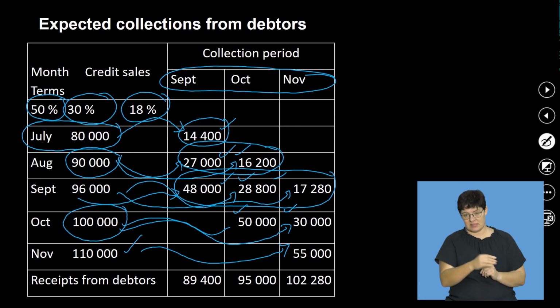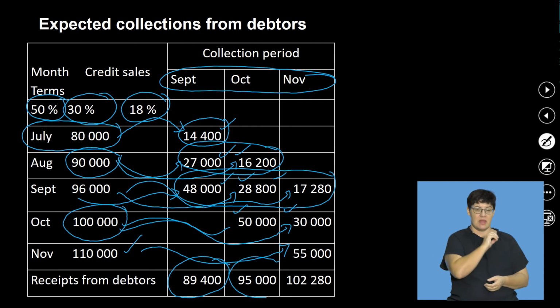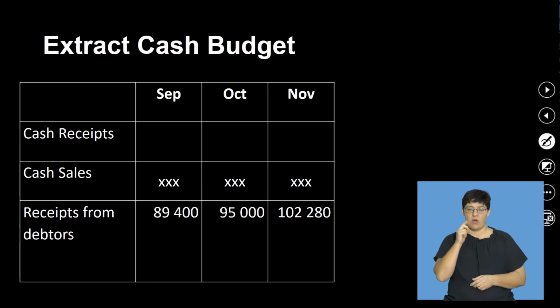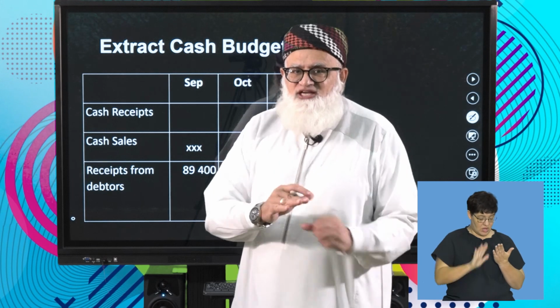You now total September 89,400, October 95,000, and November 102,280. What do we now do? Watch. You now take that debtors collection schedule and you fit it into your cash budget.